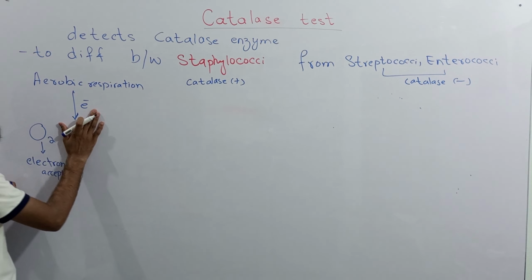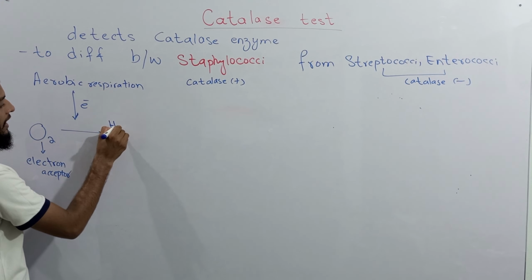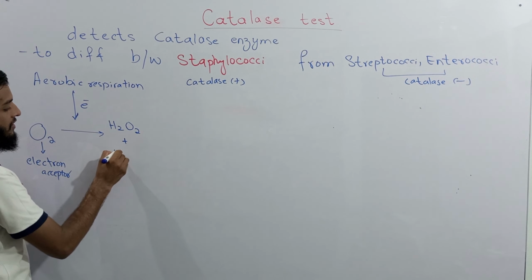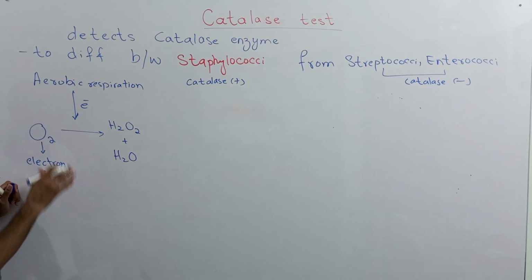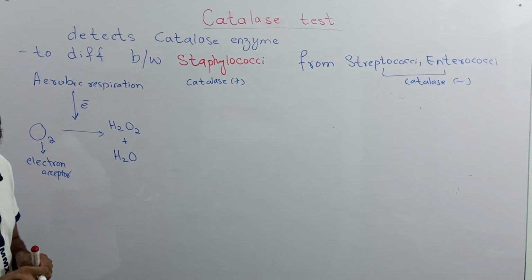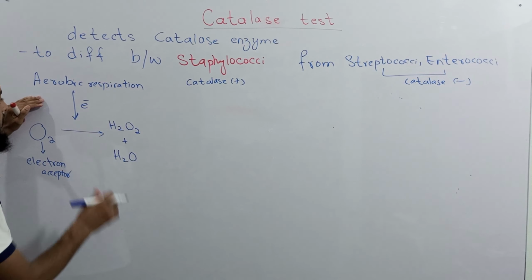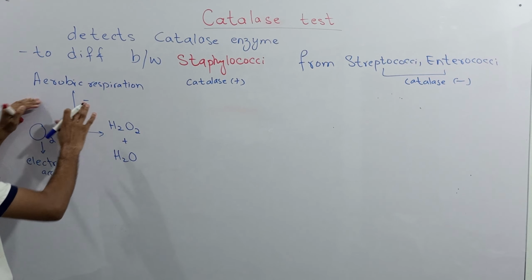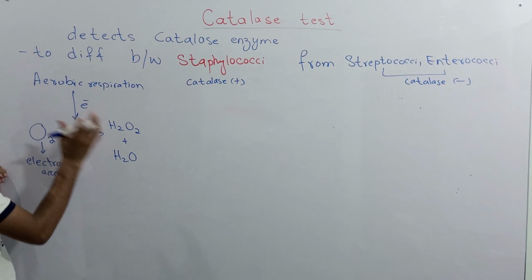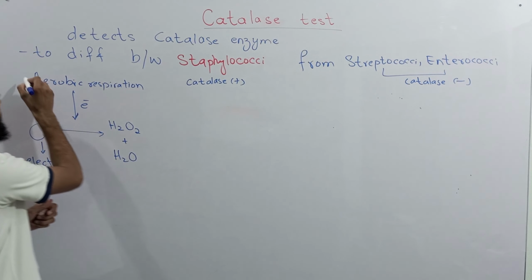Oxygen molecule will accept this electron, resulting in the formation of hydrogen peroxide and water, H2O. I'm just repeating it: aerobic bacteria and certain facultative anaerobic bacteria, at the end of aerobic respiration, electron is produced, which is accepted by oxygen and results in the formation of hydrogen peroxide and water, right?